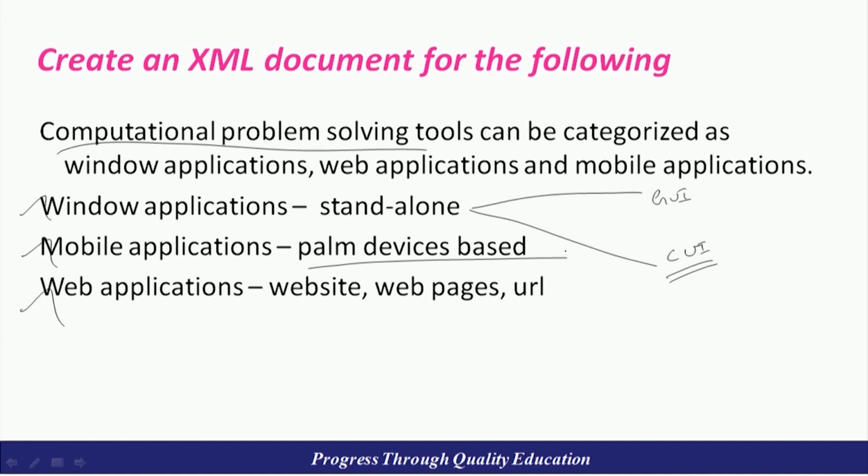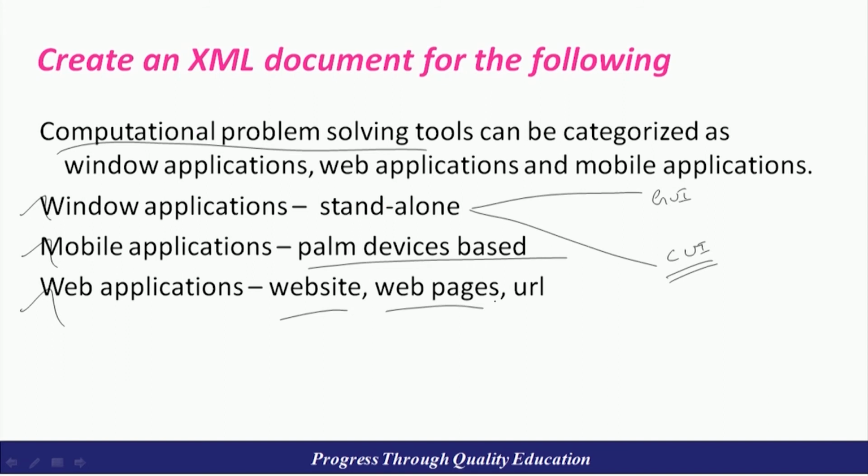These kinds of devices also come under graphical user interface, enabled with internet and sometimes working without internet. And web applications: websites, web pages, URL are components of web applications. It should work well with standalone computers, and it also works with networked computers.